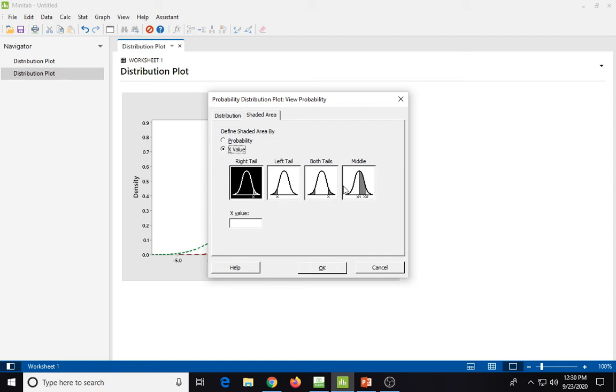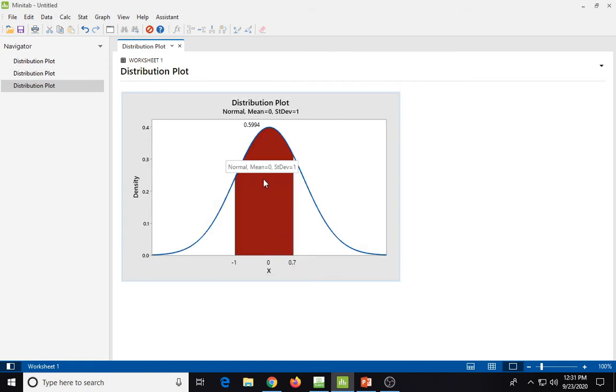Actually, I want the x values. The middle, I could go between -1 to 0.7, and Minitab can calculate that for me, and I can find the area for that. But probably the most common way that you will do this is with your calculator.